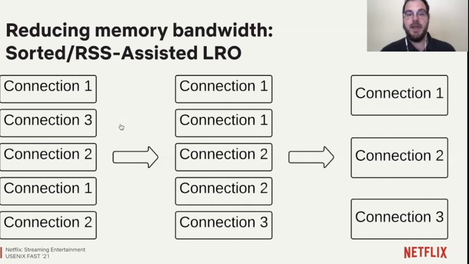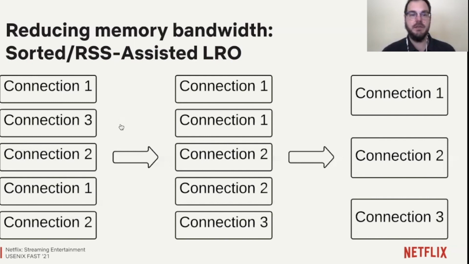Hans-Petter added this optimization to use a packet's RSS information to efficiently sort the incoming packets. And you'll see in the center of the screen that those packets from the left side have now been sorted into a given connection, with the packets from the same connection being adjacent to each other. This makes it much more likely that the packets from a given connection will be coalesced, which is what you should see on the right side of the screen.